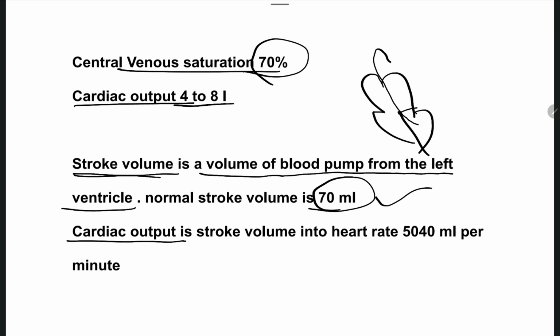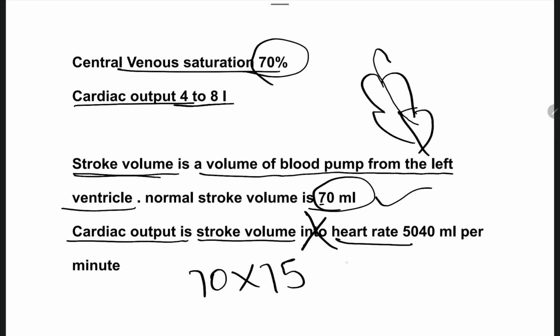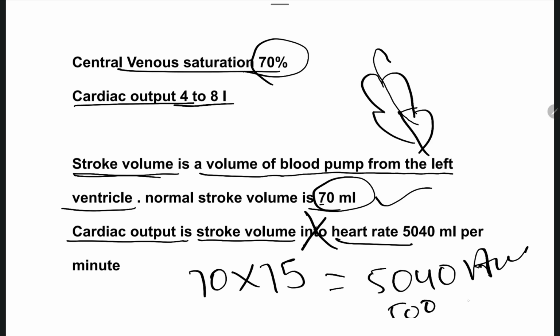And the cardiac output is stroke volume times heart rate. Stroke volume into heart rate is called cardiac output, that is about 5040 in adults, and in children we have 500.